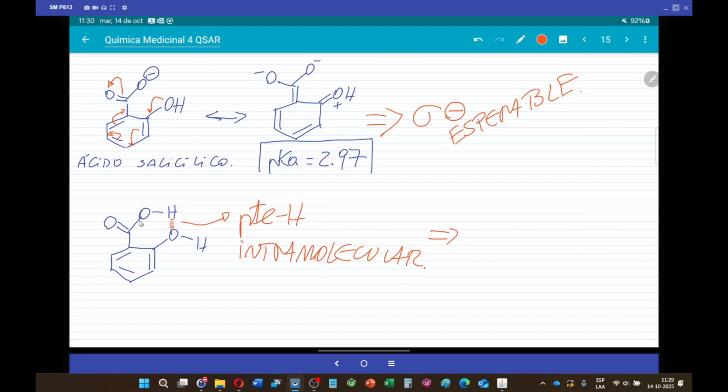Therefore the acidity increases and the pKa decreases, because of that intramolecular interaction, a steric spatial effect. And so that explains that very fine part of the Hammett descriptor, the electron-attracting effect. And well, then we return to the problem.